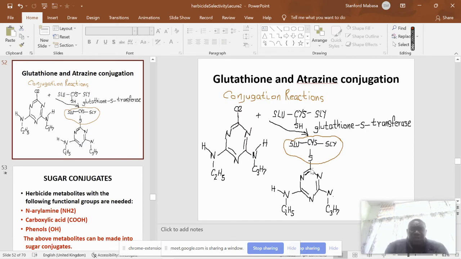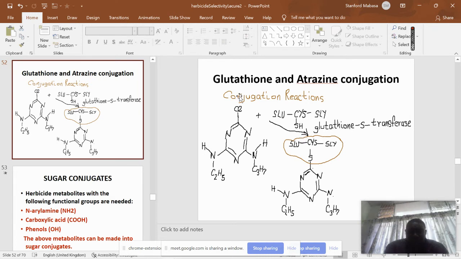Well, if we had the atrazine with the chlorine here, glutathione could go for this chlorine and form this conjugate, which will move to the vacuole. So this is how glutathione cleans the plant of atrazine.